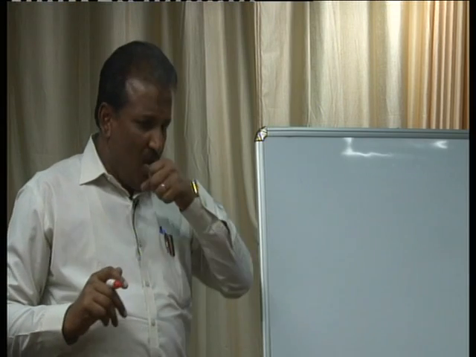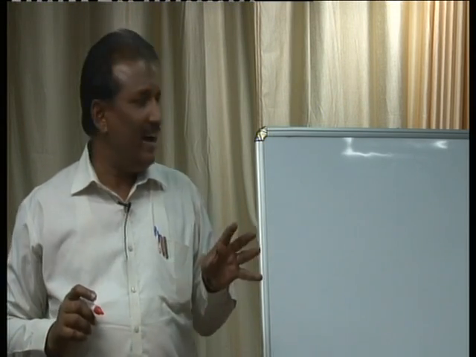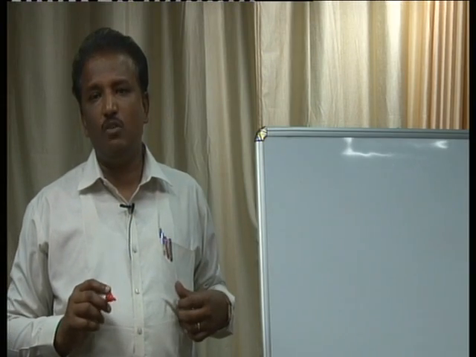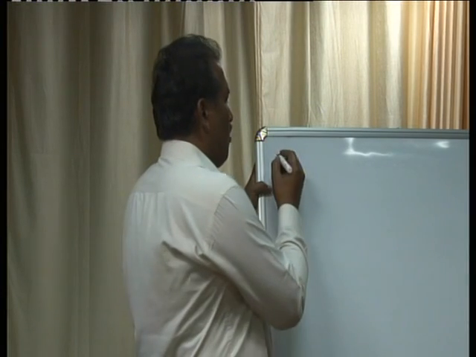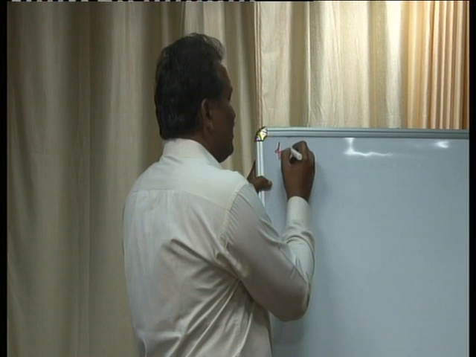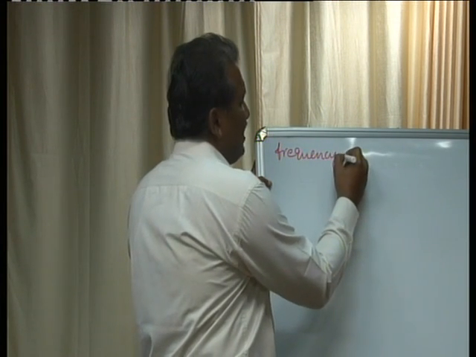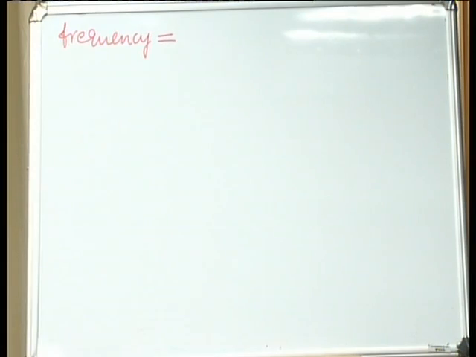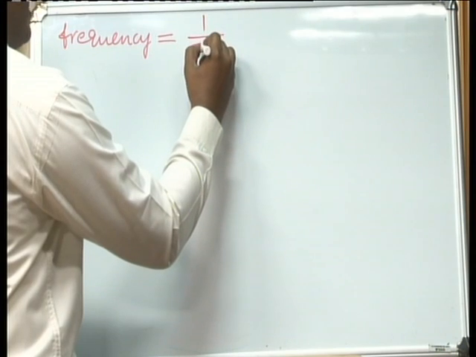Analogous to this, there are a few simple dimensional equations. I will define those dimensional equations one by one, you just watch, and if possible you can note them down. So, dimensional equation of frequency. Usually frequency can be defined as the reciprocal of time.